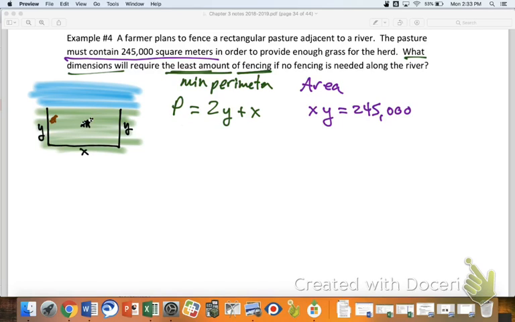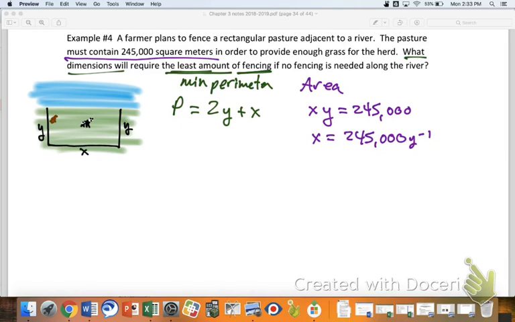So we can use that purple equation to substitute into our green equation to help us get what we want. Would you suggest solving for x or solving for y on the purple equation? I think solving for x will create an easier situation. So x equals 245,000 over y, or would you be okay if I wrote y to the minus 1?